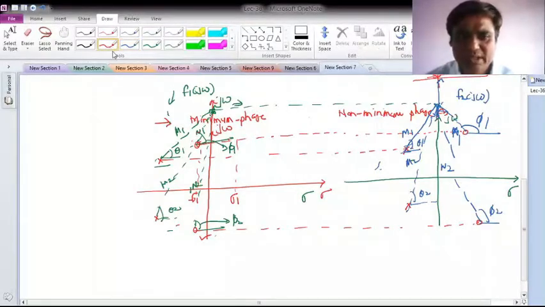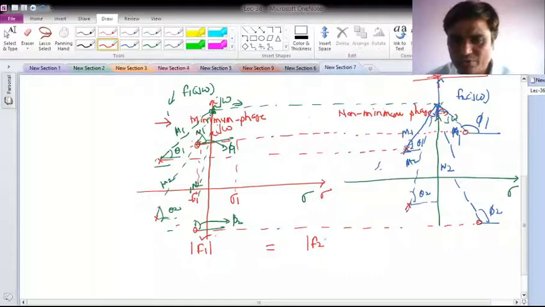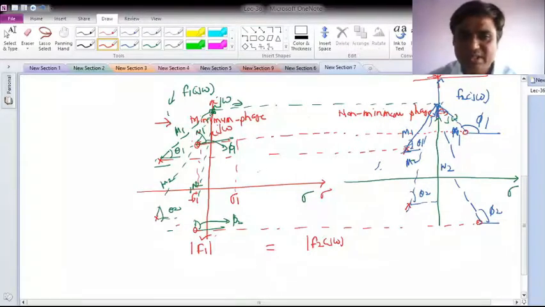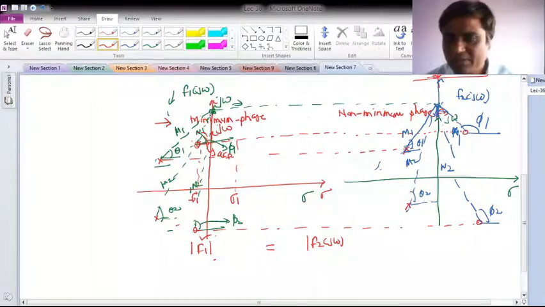Okay, so what I can see here is that the magnitude of f1 of j omega will be the same as the magnitude of f2 of j omega, because the magnitude remains the same, whether it is a negative sign or positive sign. Where is the change? The change is in the angle. These are my acute angles here. And what about the angles made by the zeros in this f2 network function?